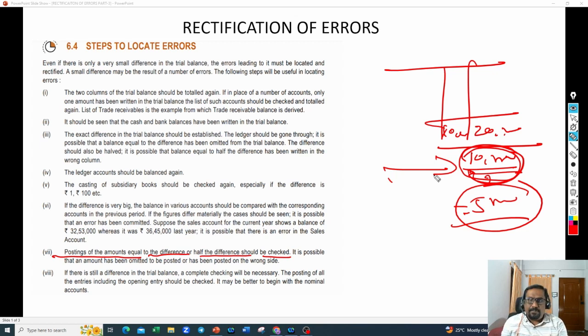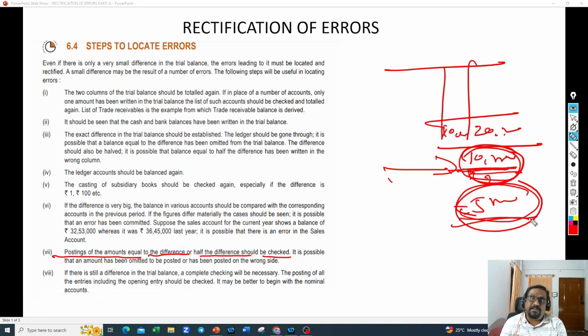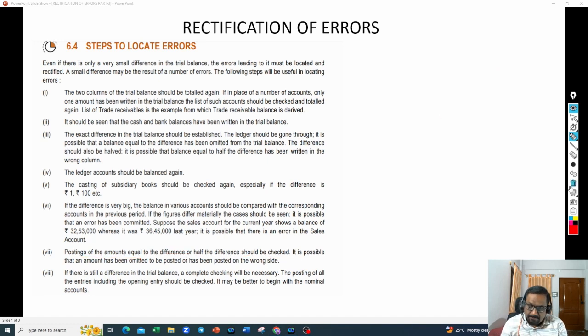If that is not available, then see 50% of 10,000, which is 5,000. Let us see now whether there is any transaction of 5,000 missed out. If that is also not available, then move on to the next point. That's a different story. But you need to give a chance to check first 10,000, then check 5,000 and see whether there is any difference. That is what they are saying. Clear? Next.